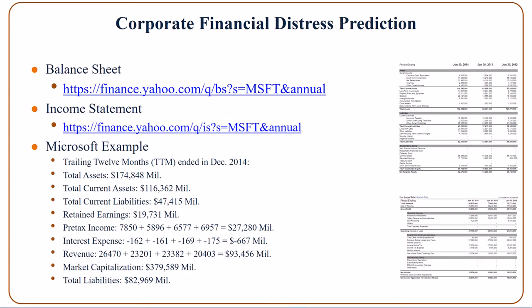For publicly held companies, data in the balance sheet, income statement, and cash flow statements is available on yahoo.com. Taking Microsoft as an example, the balance sheet and the income statement can be obtained via the links.